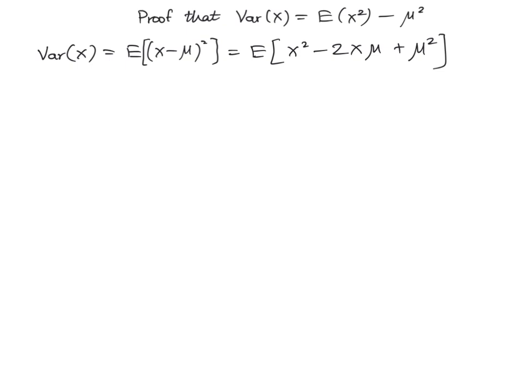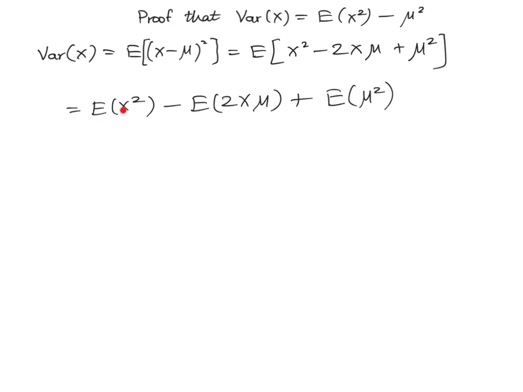So I can work with these three terms, these three quote-unquote functions inside expected value and split them up. So really what I get is the expected value of x squared, and then minus the expected value of 2x mu, and then plus the expected value of mu squared.